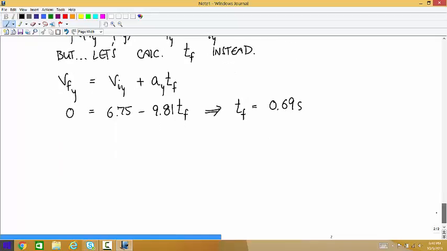And now we can plug that into, so we can use that in the two PF equations. So PFX is equal to PIX plus VIX TF plus 1/2 AX TF squared.